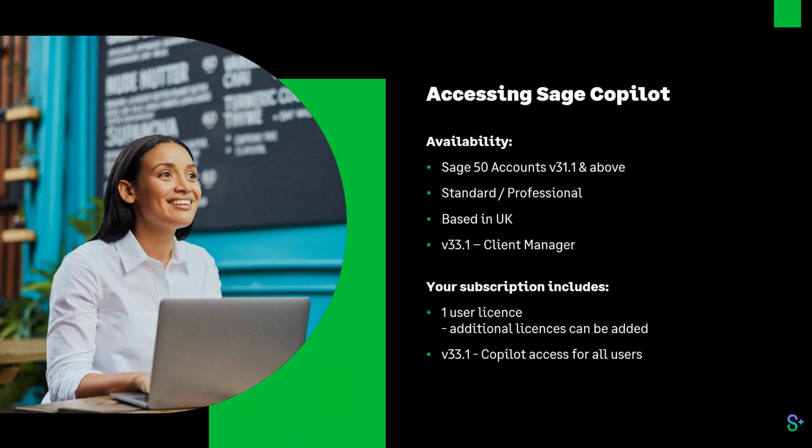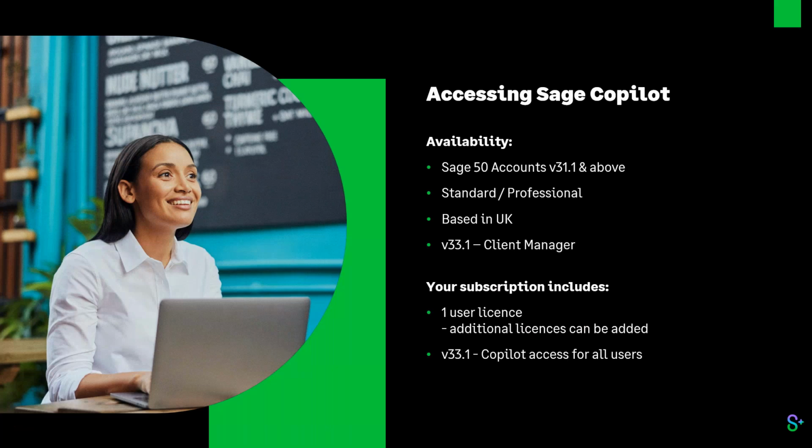By default, you'll probably find that's allocated to your manager login. Obviously, you can change that if required. You can move it around. So if you're the manager, or you use the manager login, but maybe you activate Copilot and actually you're not going to be the user of Copilot in the software, then you can always allocate that one user license to a different user.